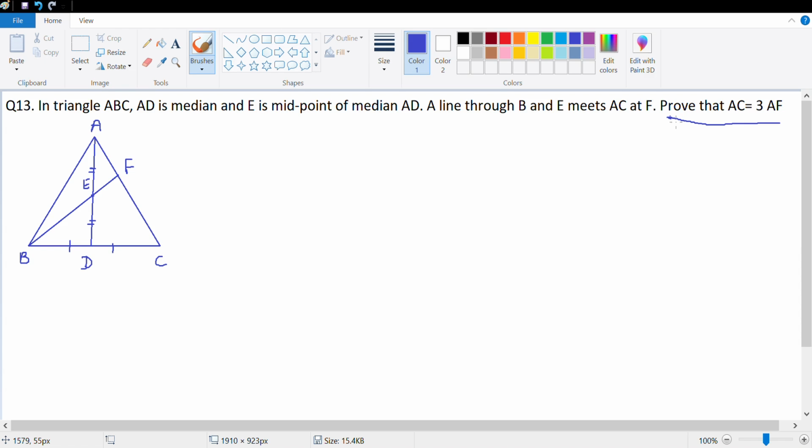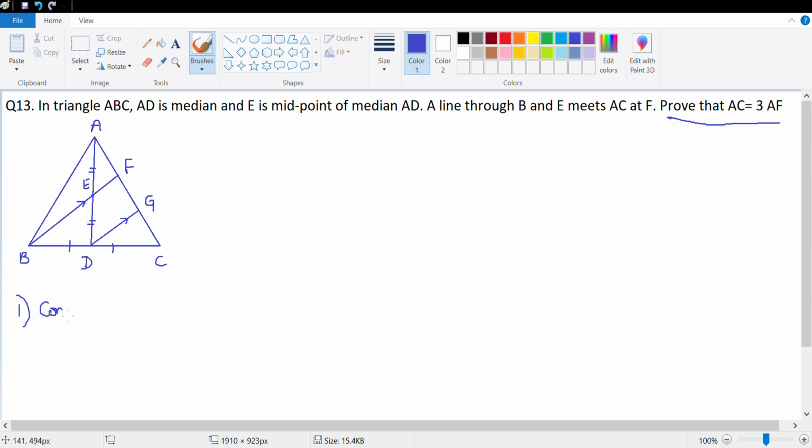If I have to prove it to be 3AF, which means I'll have to have three equal parts. So now let's draw a line DG parallel to BF, which meets AC at G. So this is our first construction that we do. Let's start writing this down.